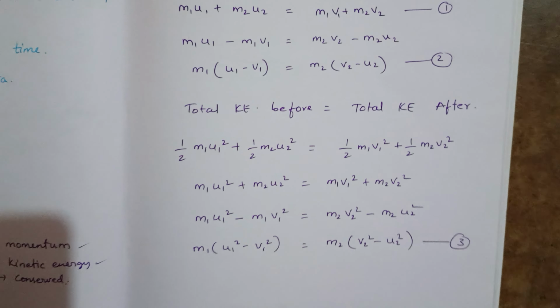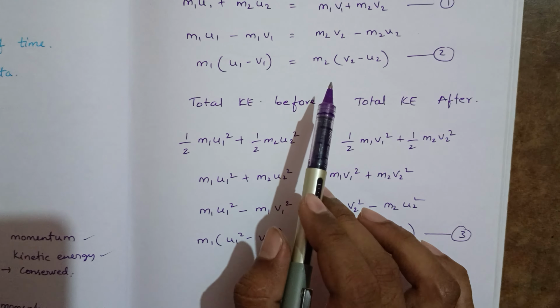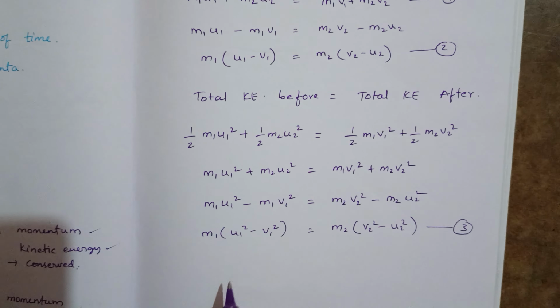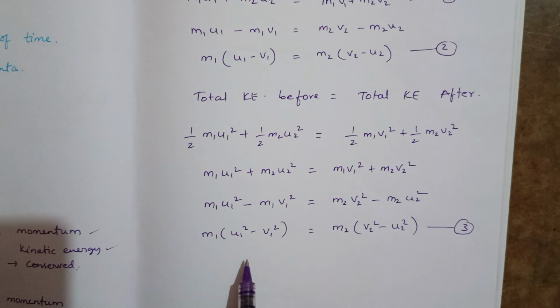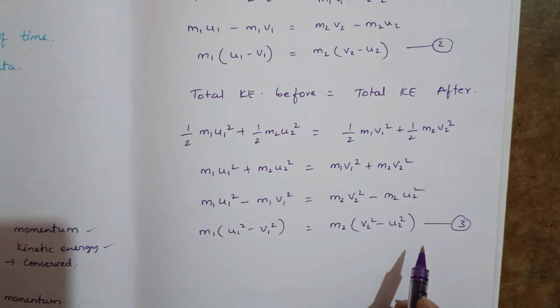Now equation 2: m1 times (u1 minus v1) equals m2 times (v2 minus u2). Equation 3: m1 times (u1 squared minus v1 squared) equals m2 times (v2 squared minus u2 squared).